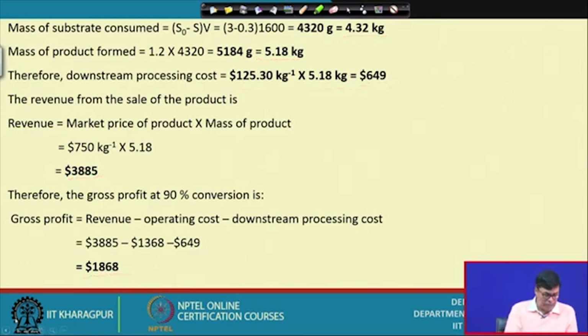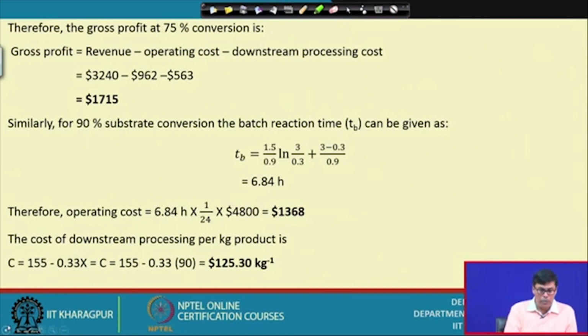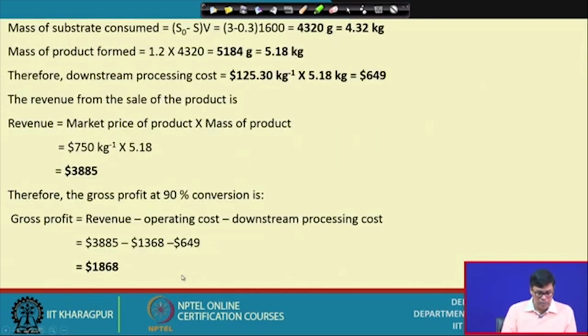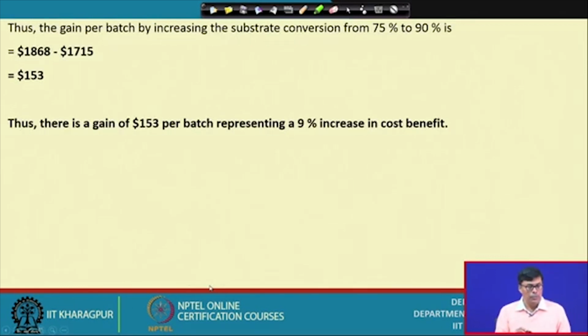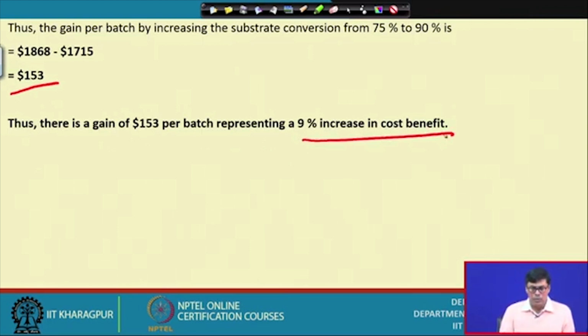If you look at before, how much did we get? 1,715. Now we are getting 1,868. So the gain per batch by increasing the substrate conversion is $153, a 9% increase in the gross benefit.